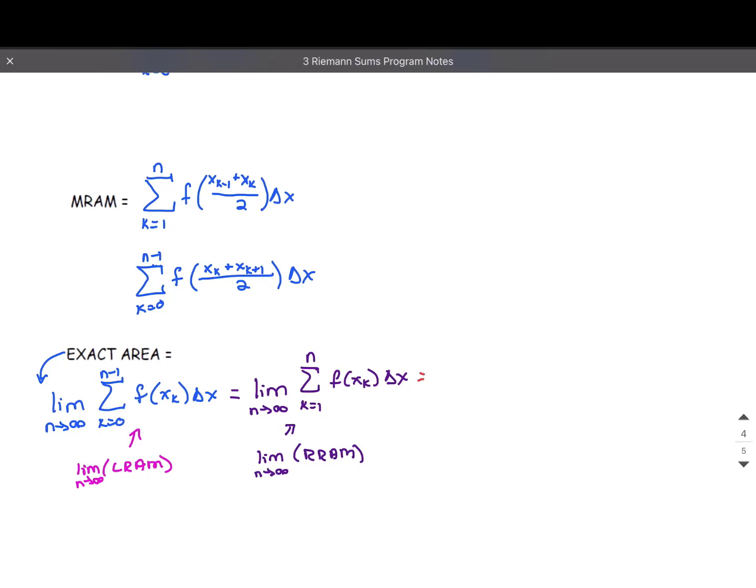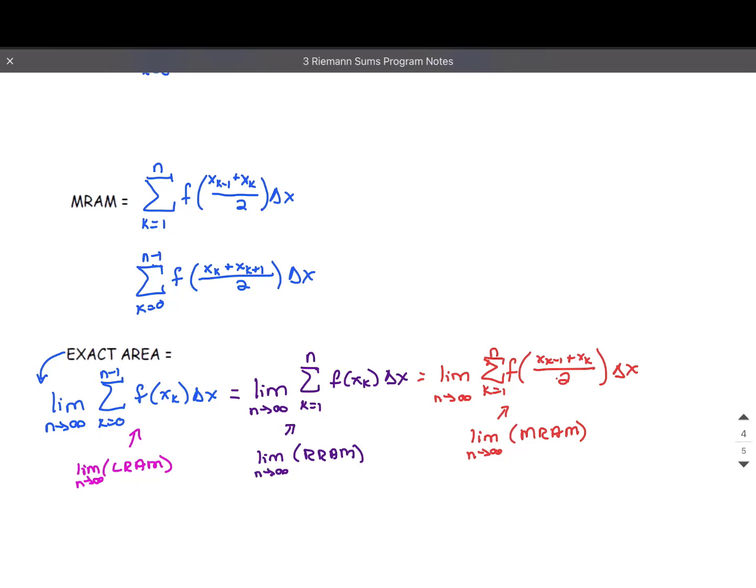And that's the same as the limit as n heads to infinity of the summation of k goes from 1 to n of x sub k minus 1 plus x sub k all over 2, f of, times delta x, okay? And that is your limit as n heads to infinity of your MRAM.